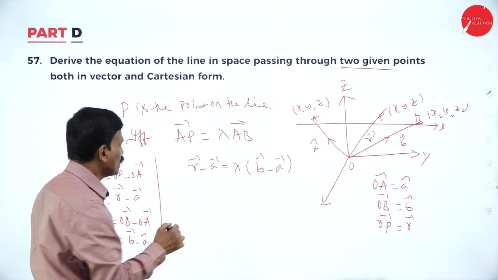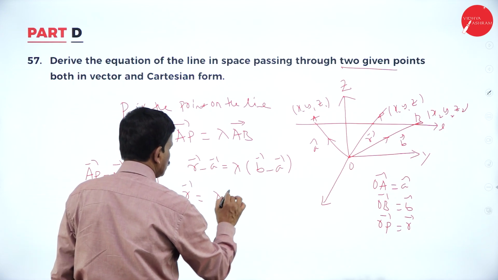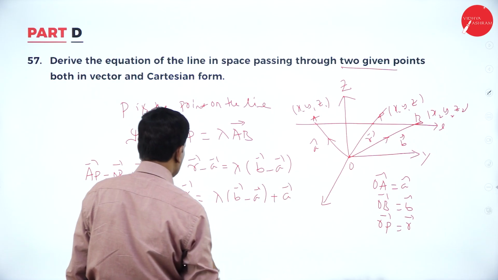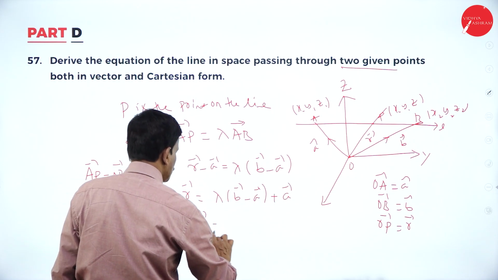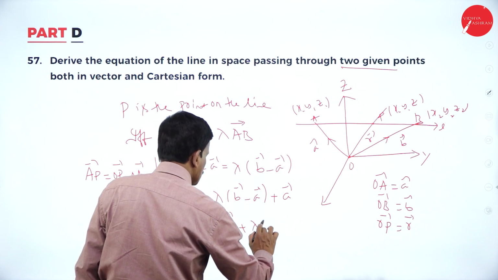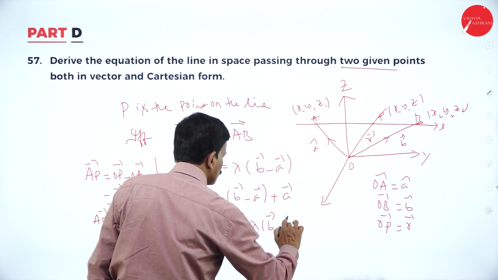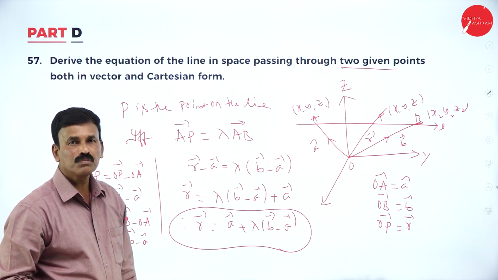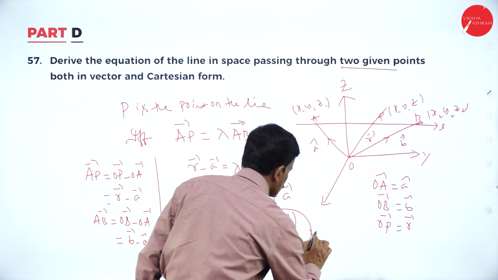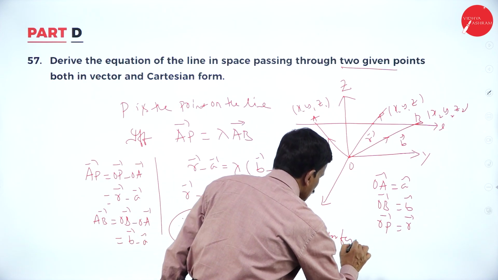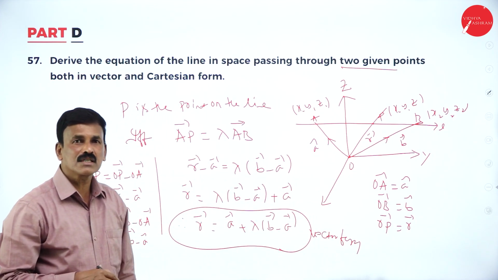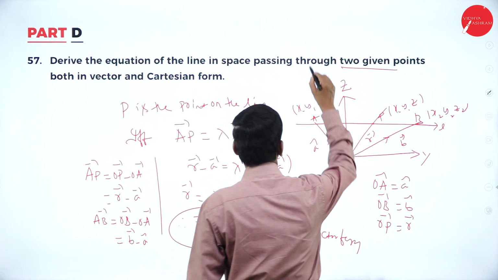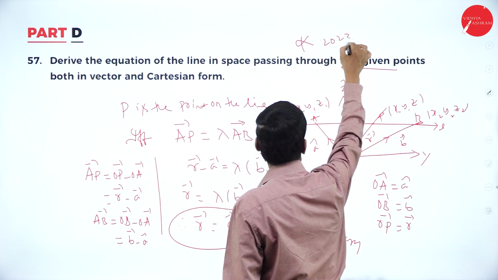Now, just transfer minus a. Vector r is equal to lambda into (b minus a) plus a. Therefore, vector r is equal to a plus lambda into (b minus a), which is the equation of the line passing through the two points in the vector form. That's it. So, the vector form of the line is vector r equals a plus lambda into (b minus a). Definitely, this is a sure question for your 2023 examination.